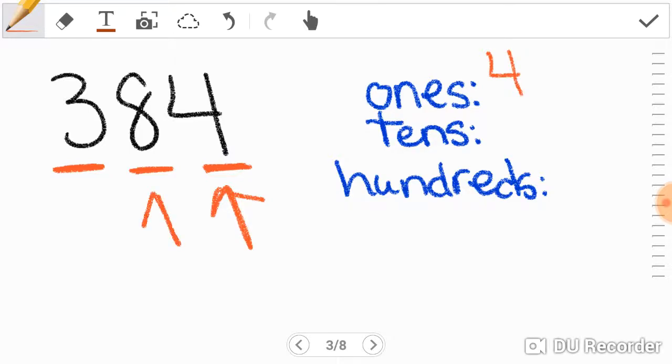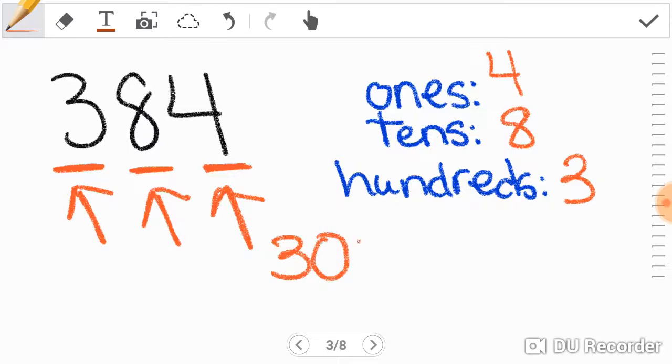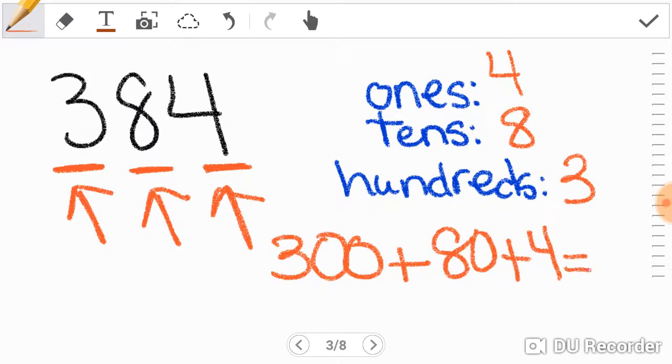In the tens position, we have an 8. That means we have 8 tens. And in our hundreds position, we have a 3. We have 3 hundreds. And if we break this down, we see that 300, plus 8 tens, which is 80, plus the 4 ones, that would give us the 384.